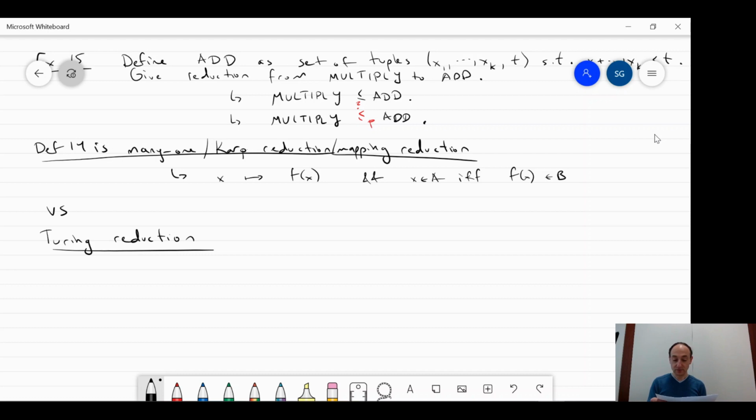The view here is, I'm going to phrase both Karp reductions, or many-one reductions, and Turing reductions in the same picture.